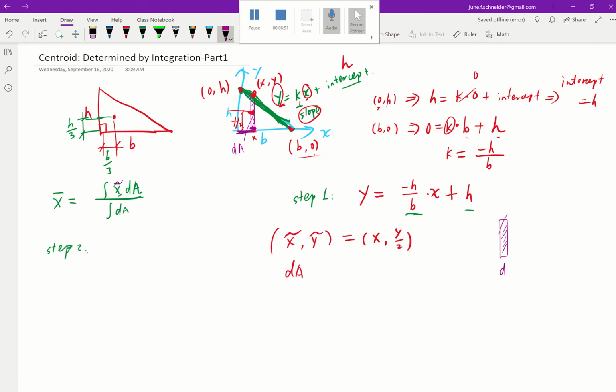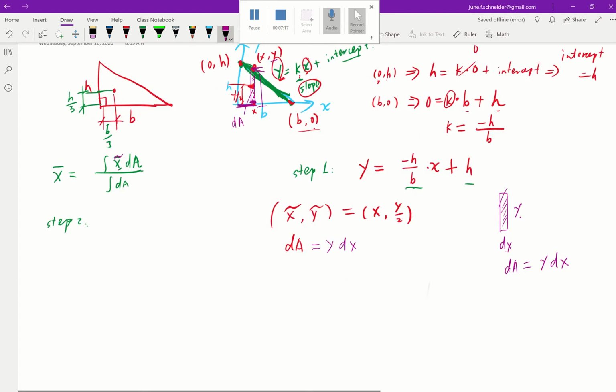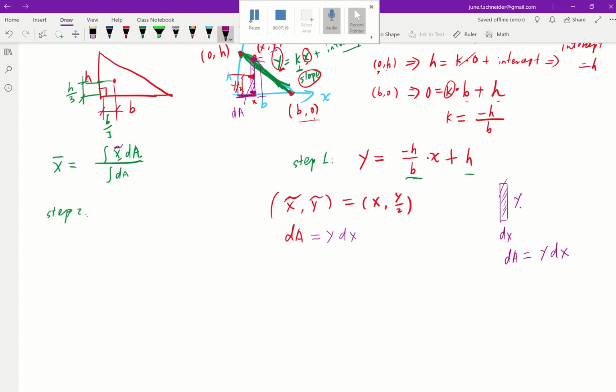Because it's a differential element. And the height, however, is going to be this height, which is our y. Then our dA, this rectangle area, is length times height, so it's y times dx, y dx. So dA is going to be y dx. Okay, so that's our step 2. We figured out those. Now we're going to solve it.